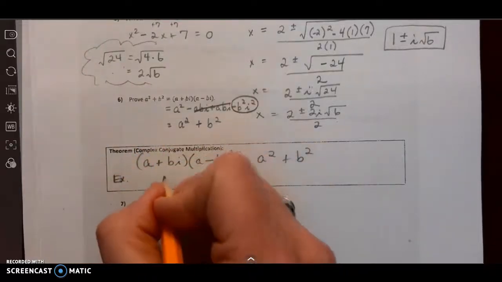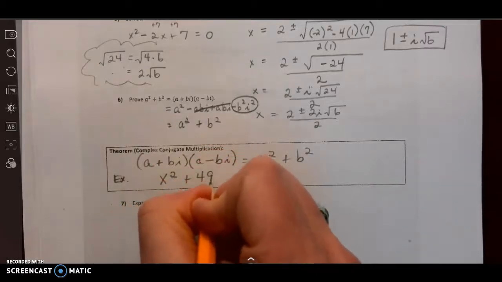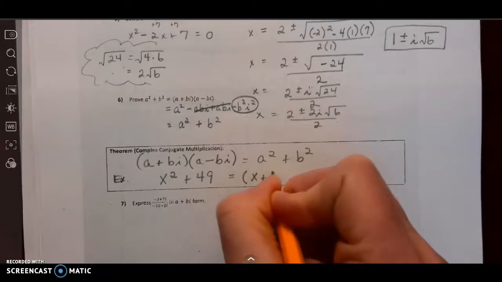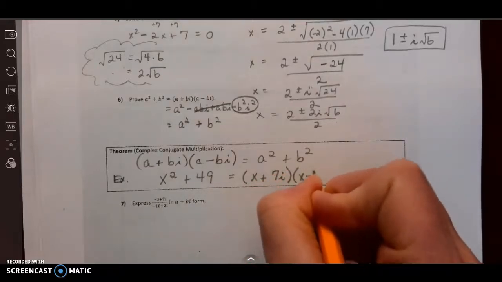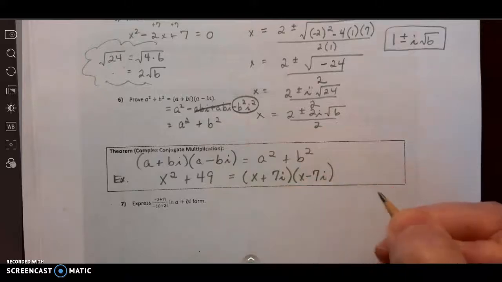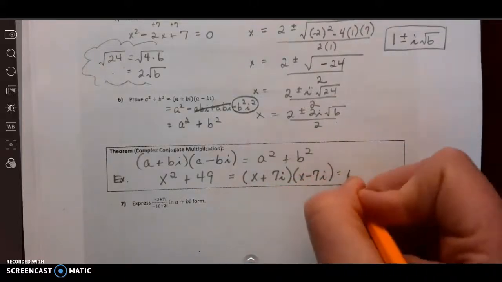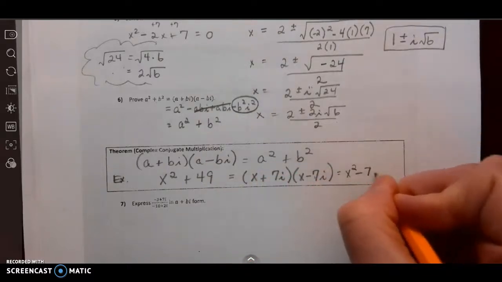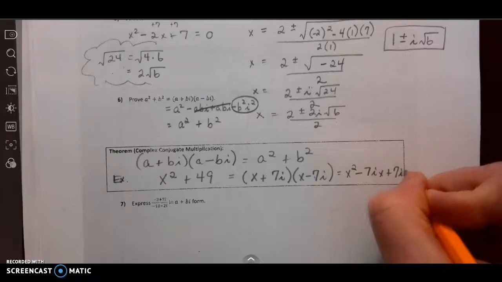If you were to factor x squared plus 49, you could write it as x plus 7i times x minus 7i, because you would get first terms x squared, outer terms negative 7ix, inner terms positive 7ix.